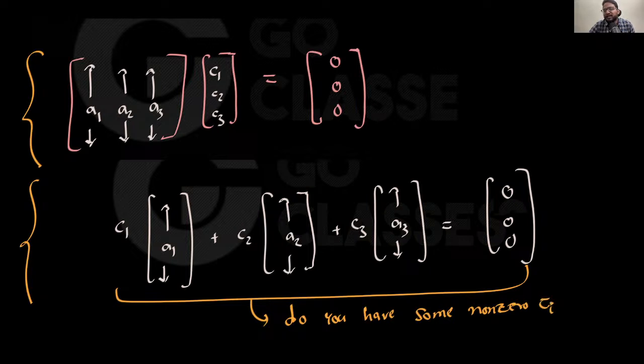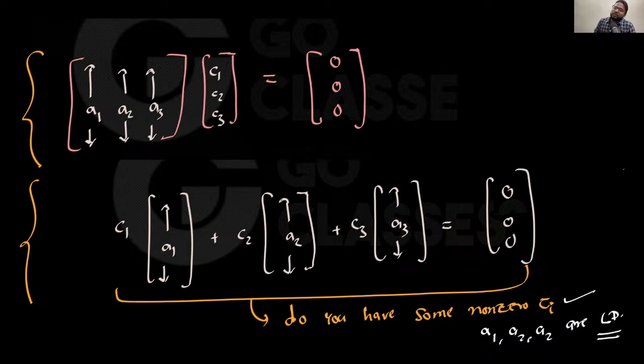It is given in the question that yes, they have the non-zero ci. They are saying there exists a non-trivial solution for Ax equal to 0. x is just c1, c2, c3, so there exists some non-trivial solution, which means ci is non-zero. Then they will give me the ci. If they give me the ci, I can represent one of the vectors as a linear combination of the other vectors. It means that a1, a2, a3 are linearly dependent.